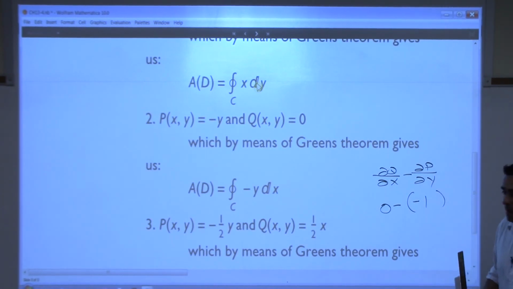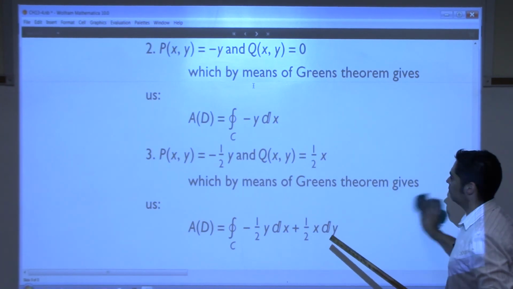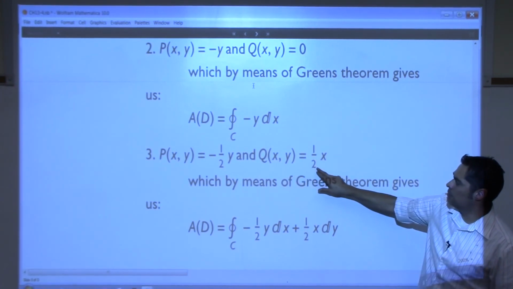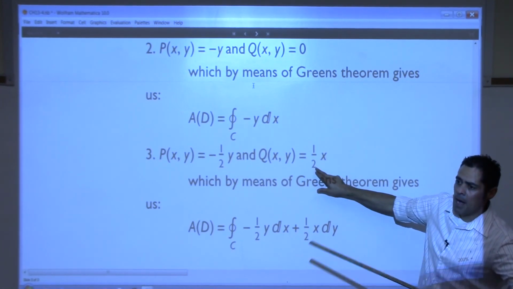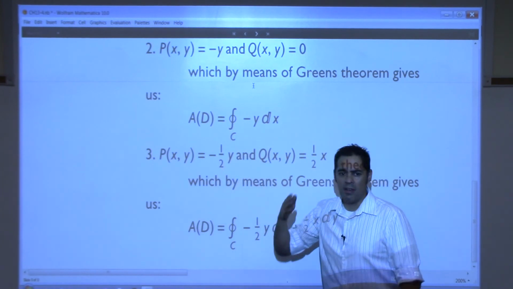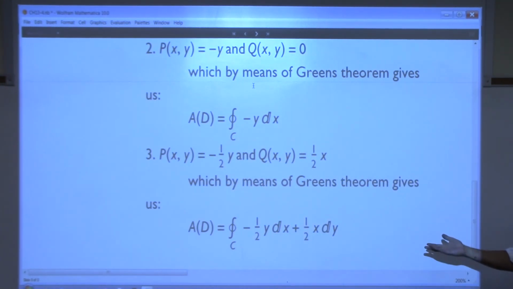So far I have two options that I could use to make that a 1 in there. And then there's also a way you could do it with some variation of the two. What's the partial of Q with respect to X here? 1/2 minus, what's the partial of P with respect to Y? Minus 1/2, so you have 1/2 minus negative 1/2, which would be 1.